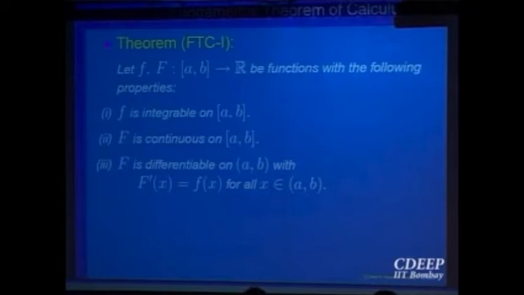So I am able to locate a function capital F which is continuous on the closed bounded interval and differentiable in the open interval with derivative equal to that function. Then the claim says the integral of f is just F(b) minus F(a).